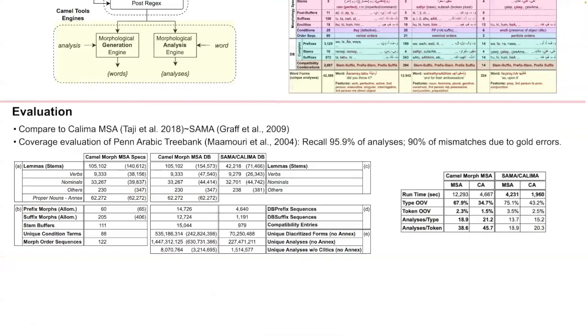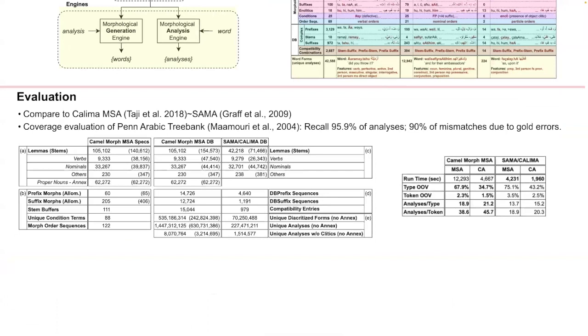In terms of evaluation, the left-hand side table compares the statistics of our specifications, marked as CAMELMORPH MSA specs, and their associated database, namely CAMELMORPH MSA DB, with those of the SAMA/Kalima database, henceforth Kalima DB.